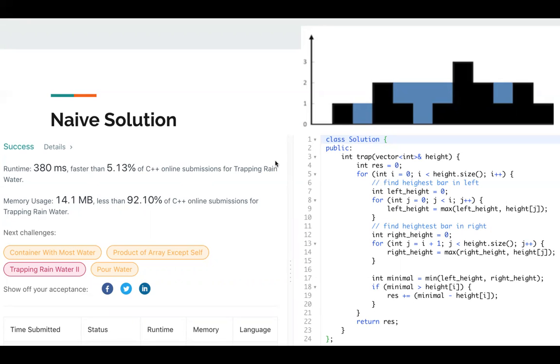Based on that, we can optimize it. Each time, we don't need to loop over the left and loop over the right to find the highest bar on the left and on the right. We can create 2 DP arrays. We pre-process our input, and for each index, we get the highest bar on the left and the highest bar on the right.